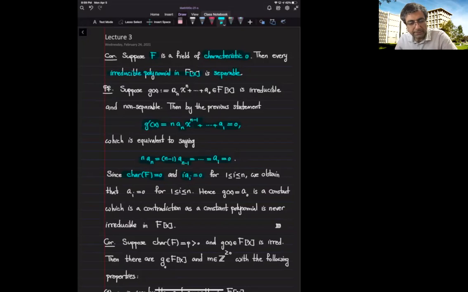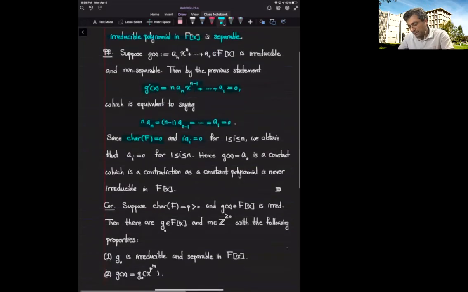So when i is not 0, then i is invertible, so I can multiply both sides of i times a sub i by the inverse of i, and end up getting that a sub i is 0. We obtain that all a sub i's are 0, and that means that the polynomial G is just a constant polynomial. It's compatible with our intuition from calculus that when the derivative of a polynomial is 0, then the polynomial is the constant polynomial. But that's a contradiction because G is an irreducible polynomial.